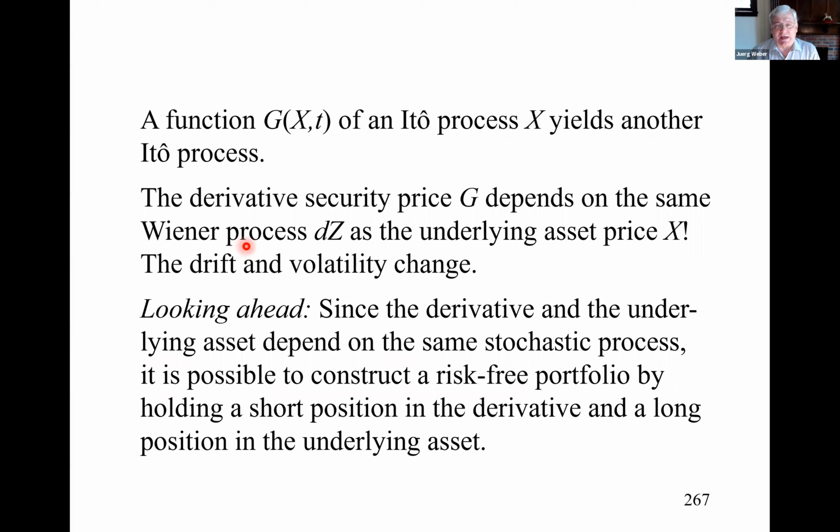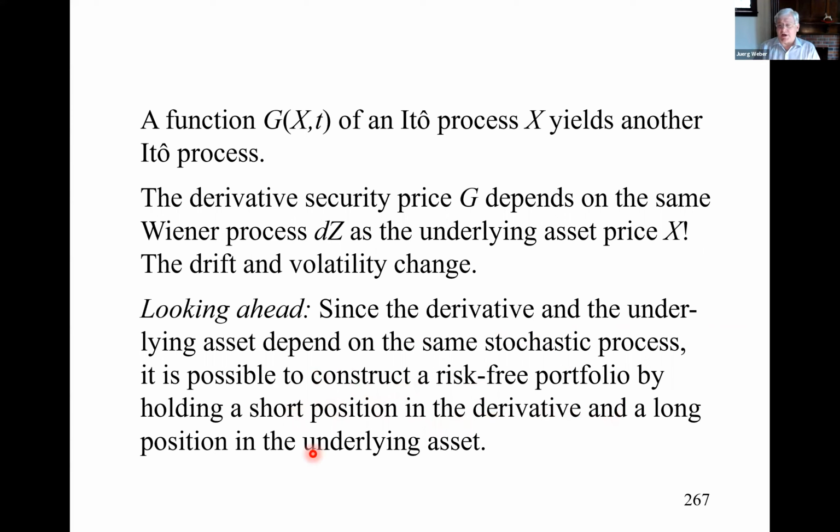So the derivative security price G depends on the same Wiener process as the underlying asset price. And that will become very important. Just looking ahead a little bit, we will discuss it again later on. Since the derivative and the underlying asset price depend on the same stochastic process, we can construct a risk-free portfolio by holding the right amount of a short position in the derivative and a long position in the underlying asset.